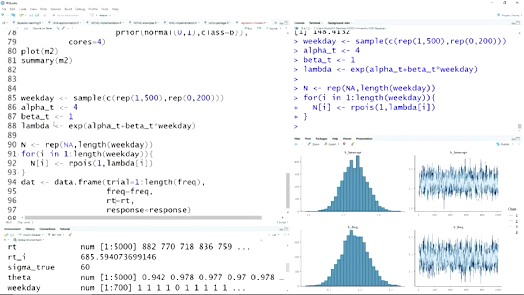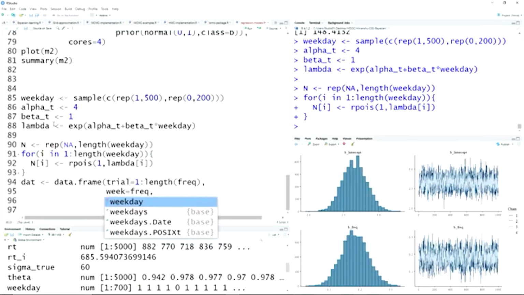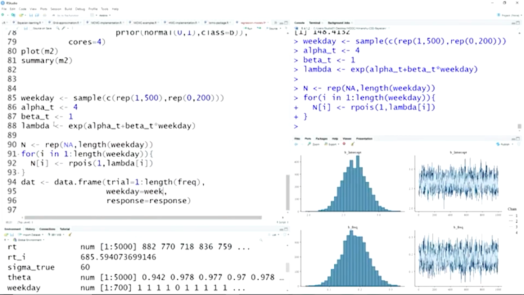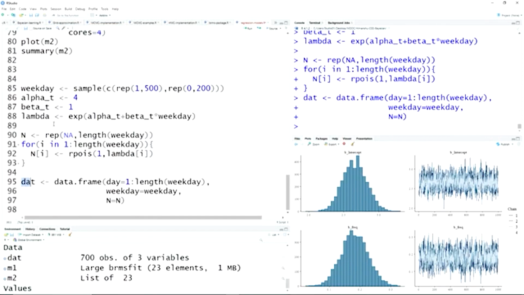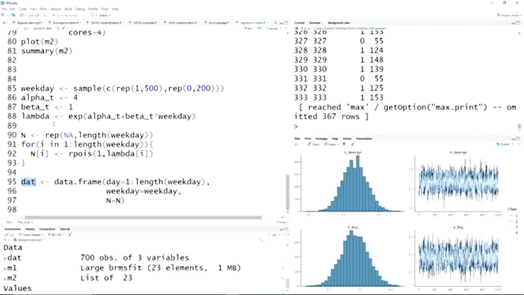So now in data, you can store weekday equals weekday, day equals 1 to length of weekday, and here you have number of road accidents on ith day, so n equals n. So this is your fake data. You can see how it looks like.